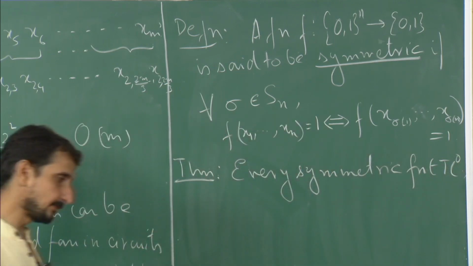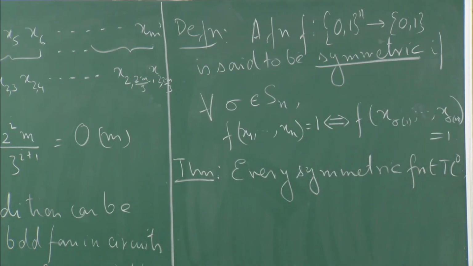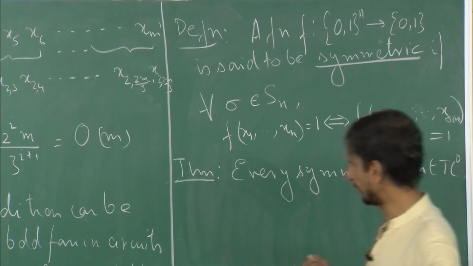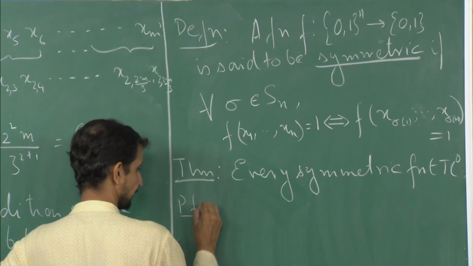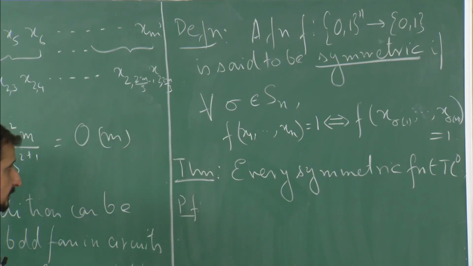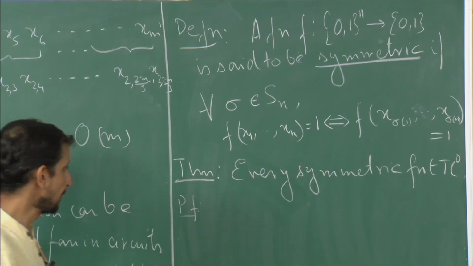Every symmetric function can be computed by a threshold circuit, by a TC0 circuit, that is, by threshold gates which have constant depth only. The proof is actually not very difficult. It is just understanding how these functions behave.